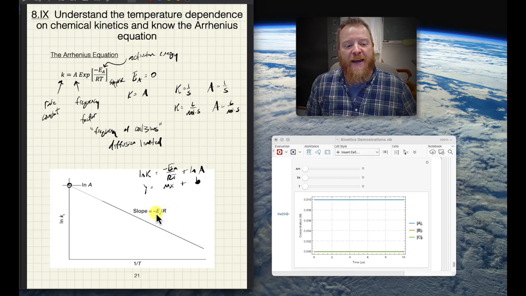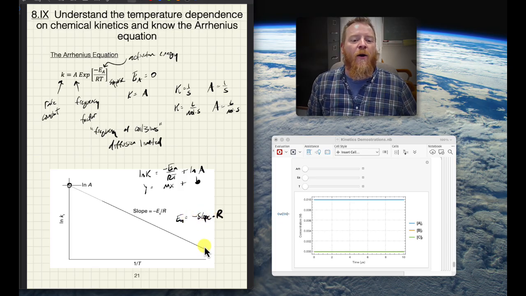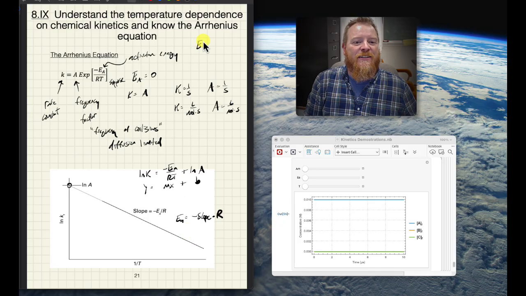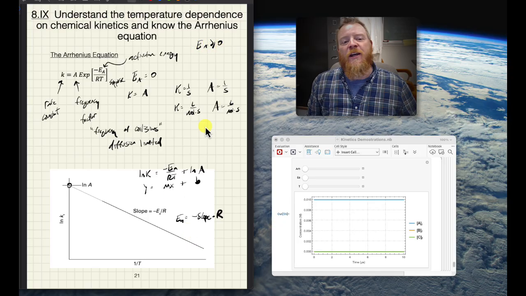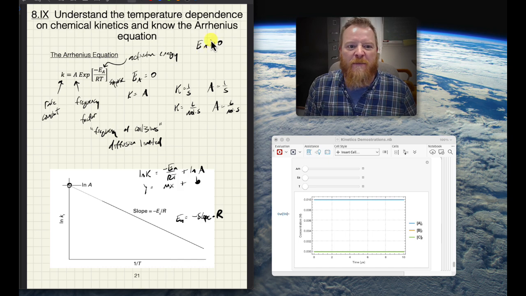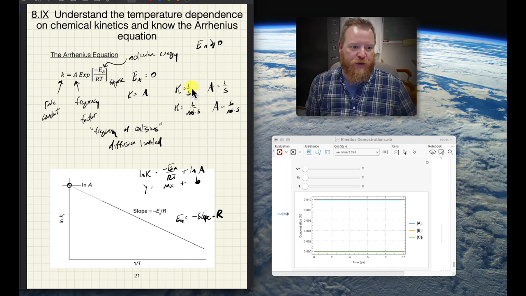And the slope is negative Ea divided by R. So Ea equals the negative slope multiplied by R, because Eas are always greater than or equal to 0. We don't have necessarily negative activation energies. Okay.